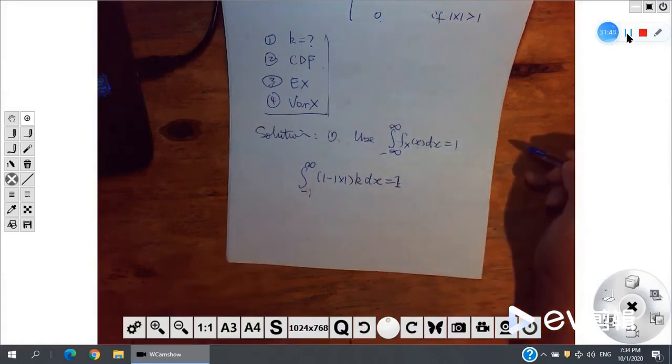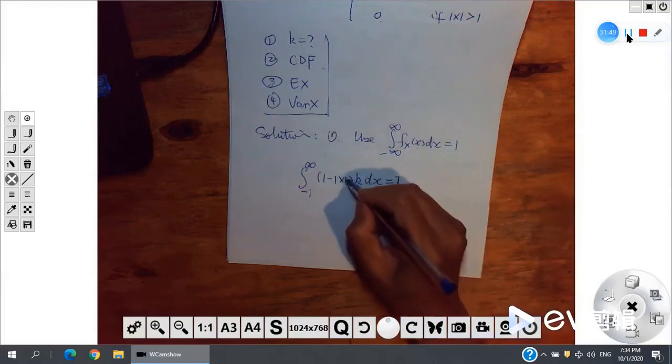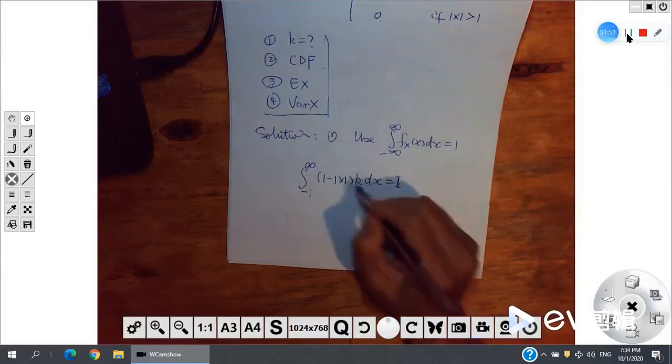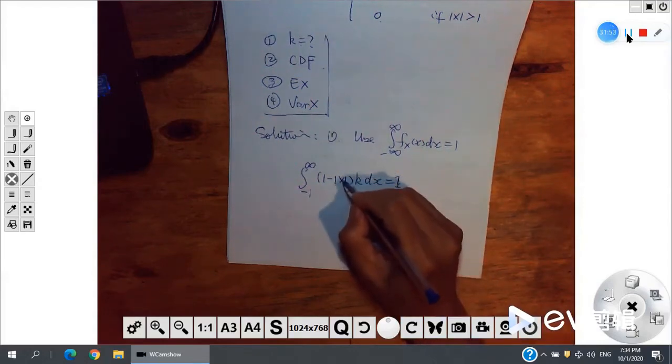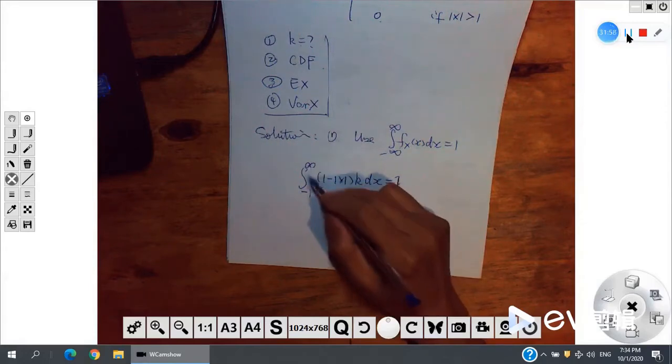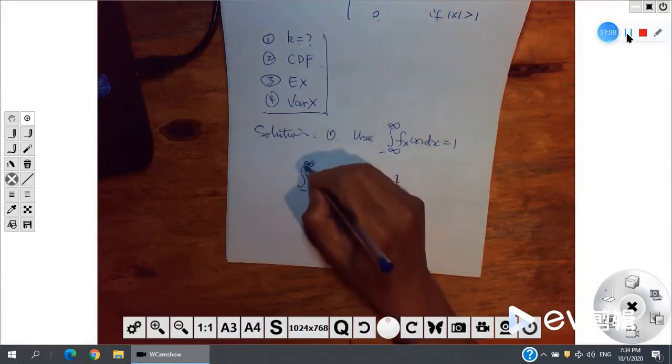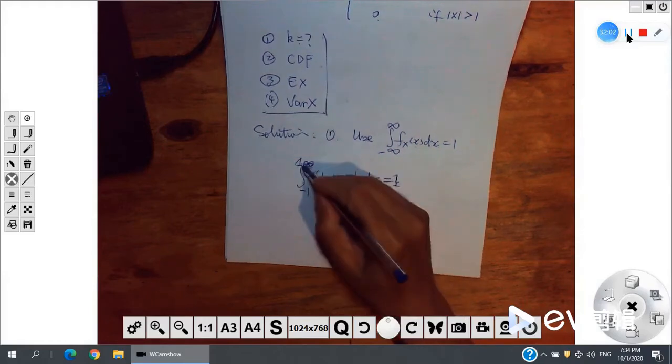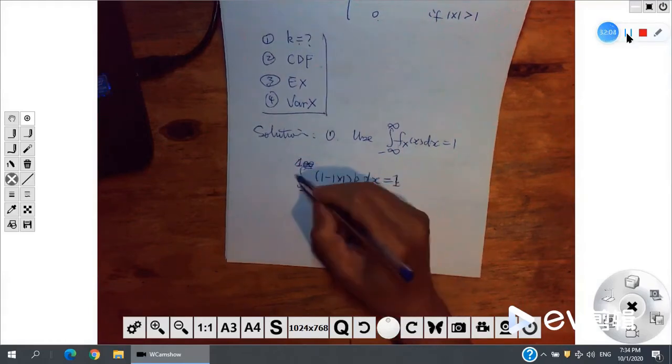And this one, we know. You have an absolute value of x. For positive x, this is x. For negative x, this is negative x. So we need to separate the interval into two parts.